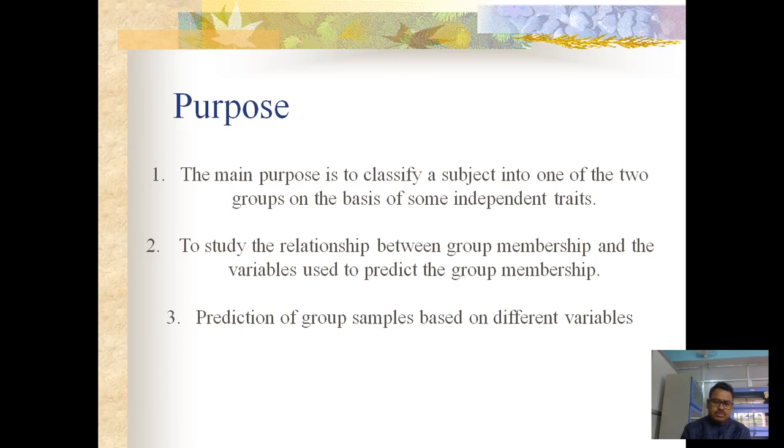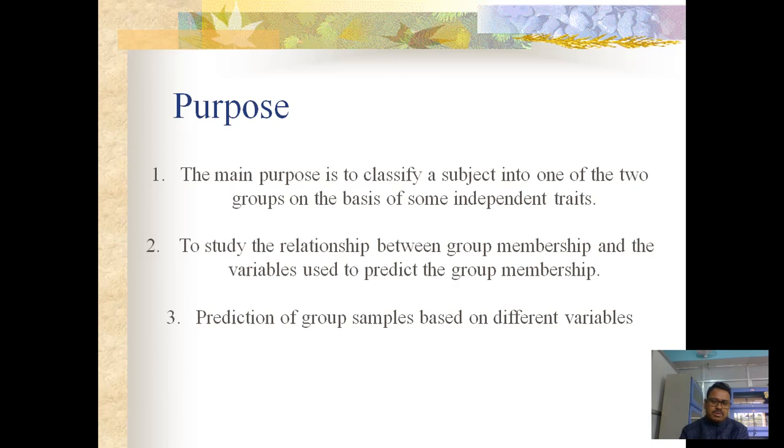So maybe we have two or more groups and we would like to classify them based on some predetermined traits. It could be anything. For example, it could be height, smoker, non-smoker, cancer patient, non-cancer patient. So based on certain predetermined characteristics or traits, we would like to make a classification of the set of observations.